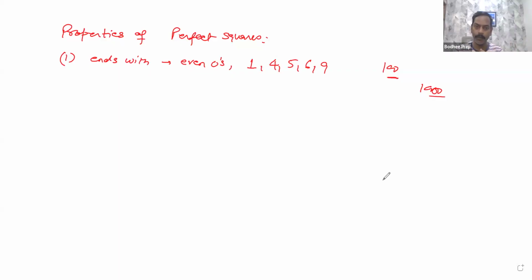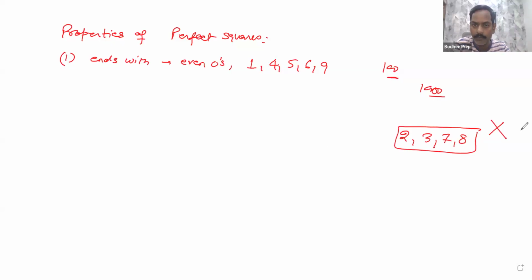Otherwise, the unit digit will be either 1, 4, 5, 6, or 9. That means any number which ends with 2, 3, 7, and 8, we can be very sure, no matter how big this number is, that this is not a perfect square, right? We can prove it, but the proof itself is complicated. What I'll suggest is that you remember these things by observation.